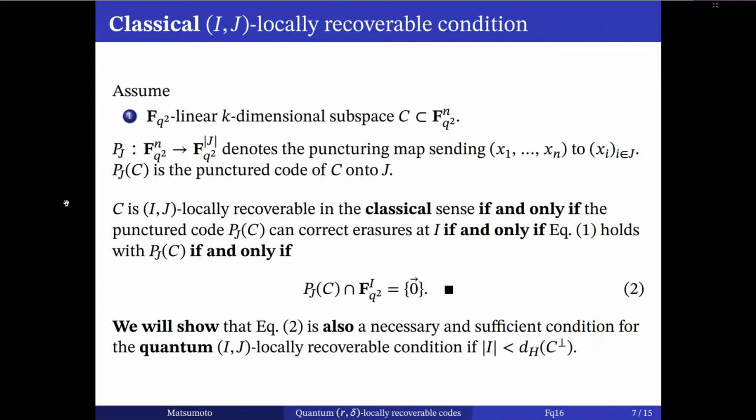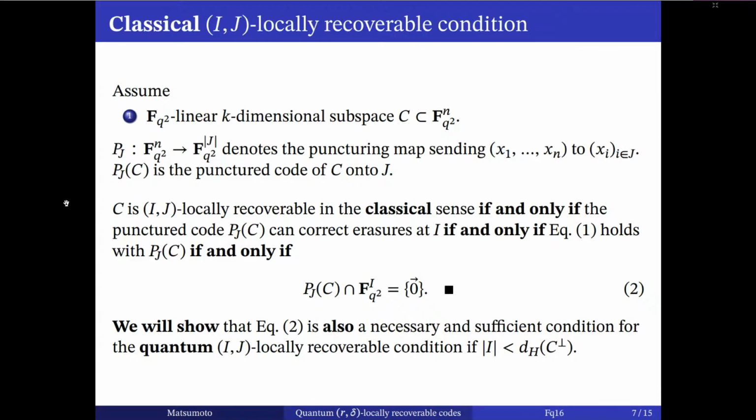Okay? In this page, we consider general local recovery. Here, J is any subset of indices containing the erasure set I. And here we consider the puncturing map P_J onto the index set J. And P_J of C is the punctured code onto the index set J. Then the linear code C is IJ locally recoverable in the classical sense if and only if this punctured code can correct erasures at I, and this is equivalent to the previous equation 1 applied with the punctured code, which is this.